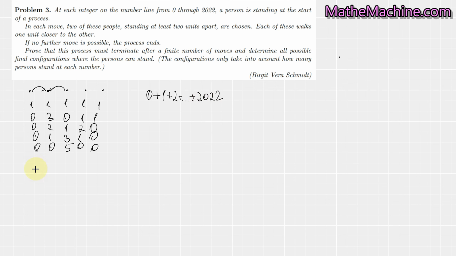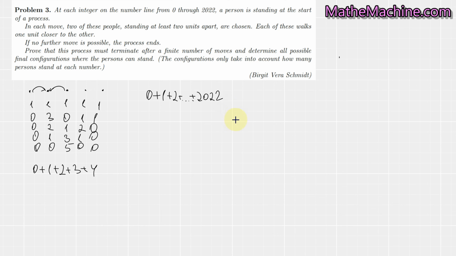Just like here, the sum of 0 plus 1 plus 2 plus 3 plus 4. This is the sum of the elements in their positions. But if we consider this invariant further, it is probably going nowhere.